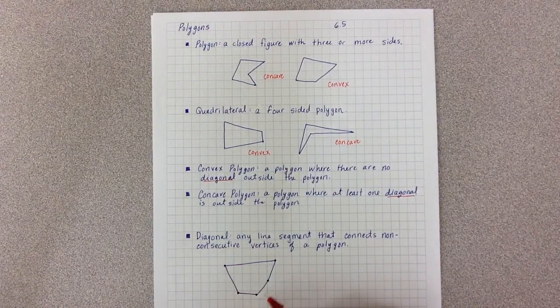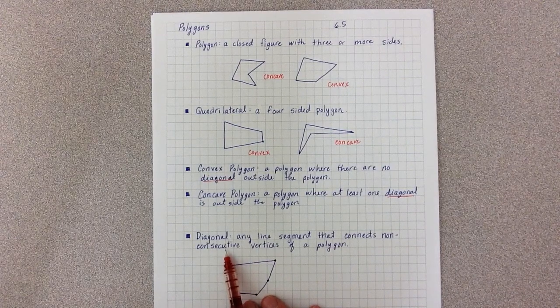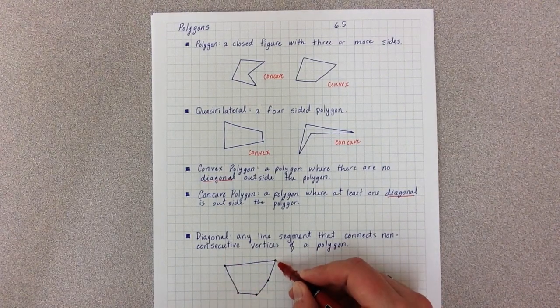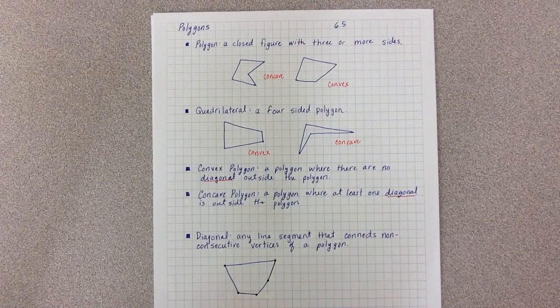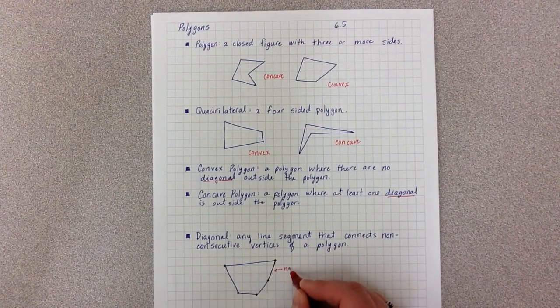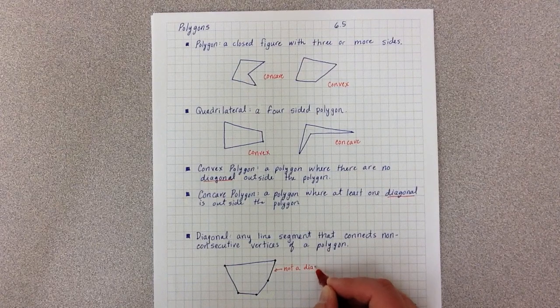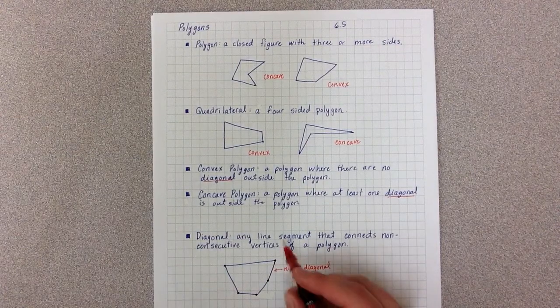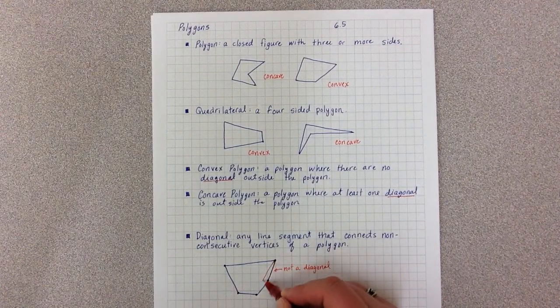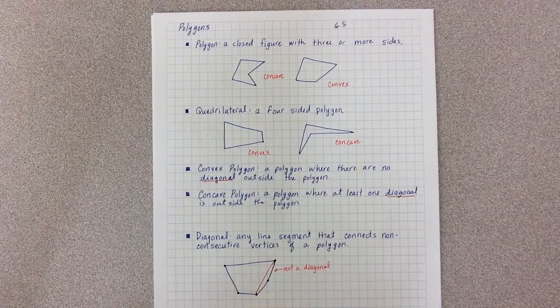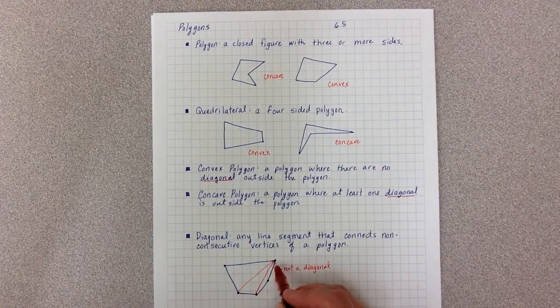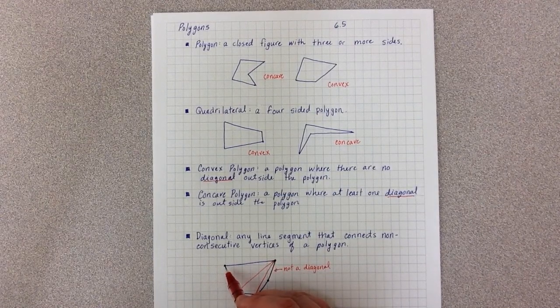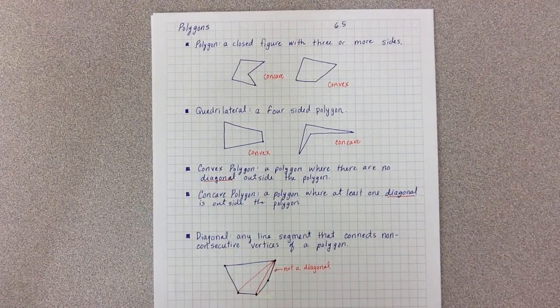They connect vertices, but they can't be consecutive, meaning that this point to this point is not a diagonal. It's right next to this point. However, to go from here to this point, that is a diagonal. And from here to that point, that is a diagonal. Now from here to here, again, that's not a diagonal. So basically, the thing to remember is that the sides can't be diagonals.